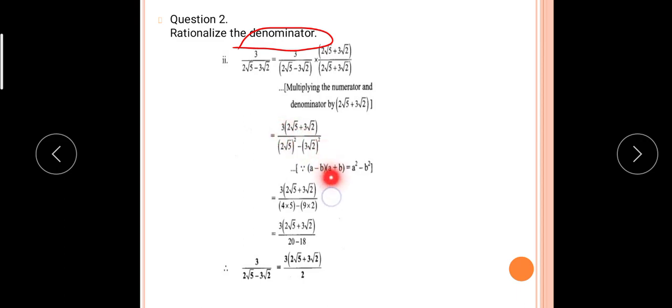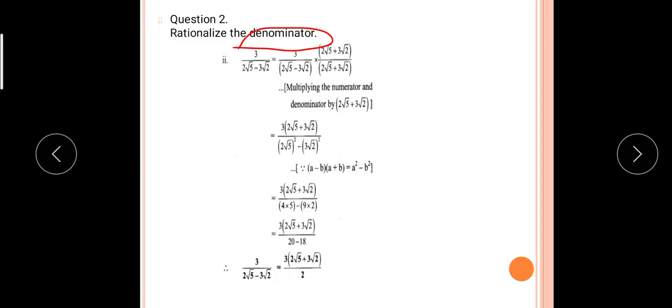After multiplying, you will get 3 in bracket 2 root 5 plus 3 root 2 upon, in the denominator, a plus b times a minus b, so a square minus b square. So a is 2 root 5 squared minus 3 root 2 squared. So 4 fives are 20, and 9 twos are 18. So you will get 20 minus 18, so 2.